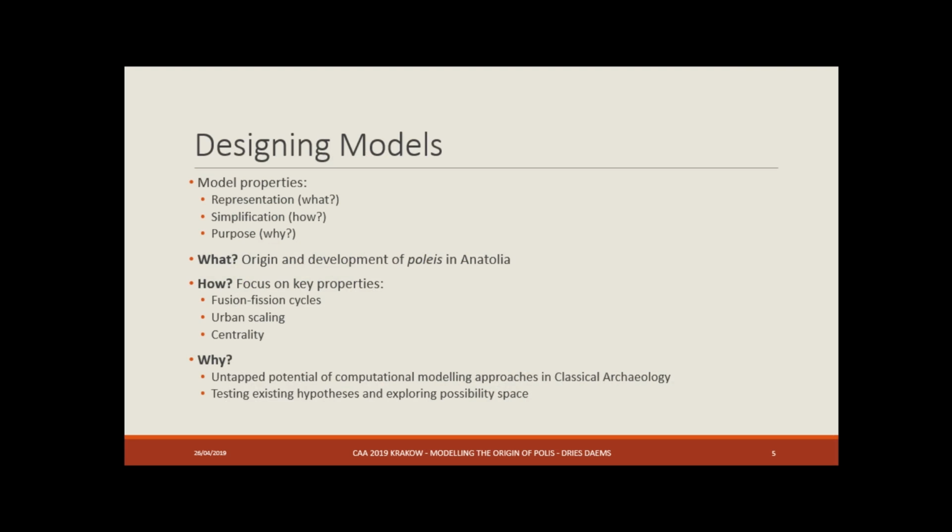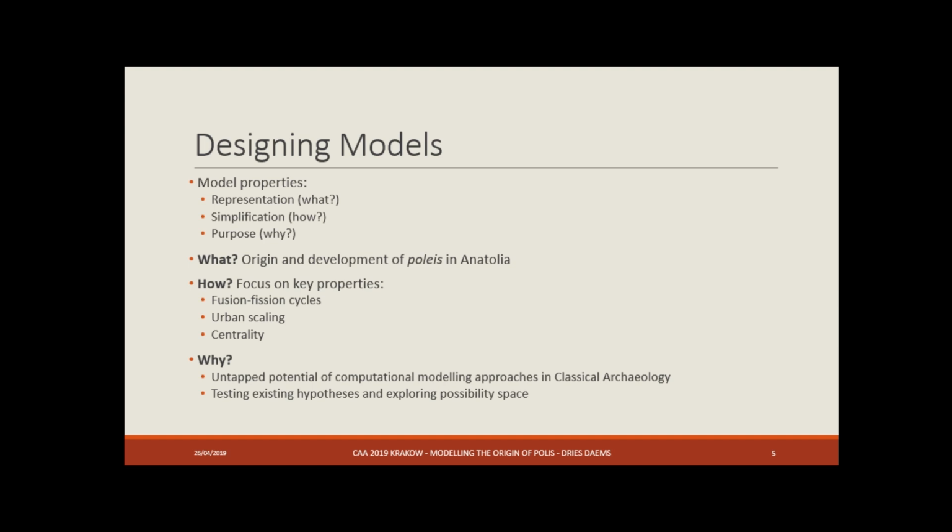Now, if you want to capture that process in a model, then we first have to take into account what we want to do. A model in general has three main properties. It represents something, an entity of your interest or system of interest, whatever that may be. It is also always a simplification, in the sense that no model can ever capture everything of the entity that you're interested in.